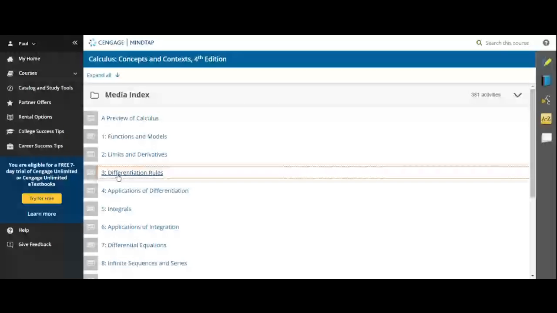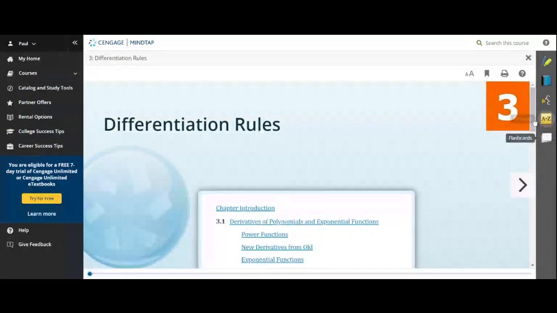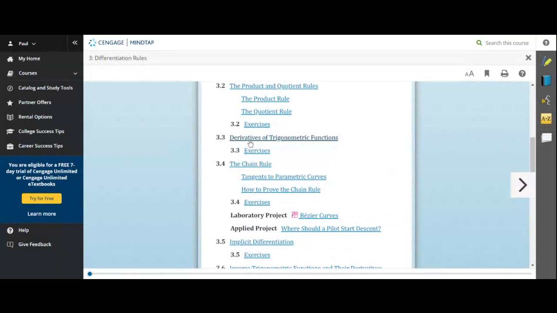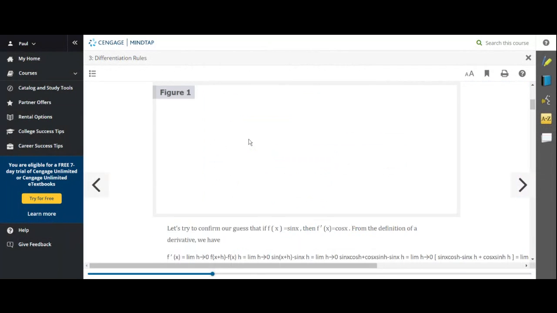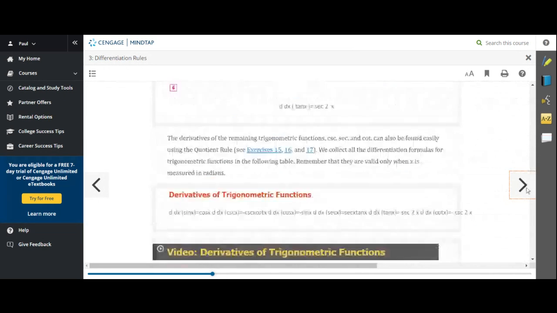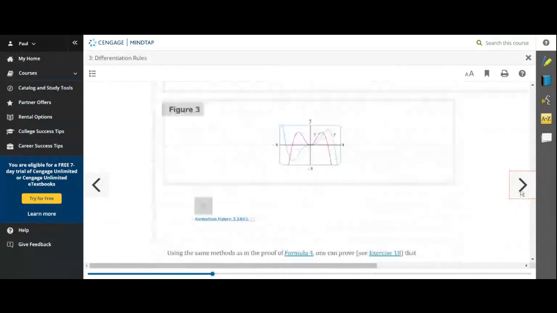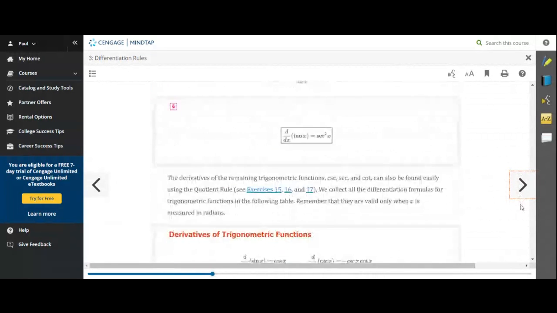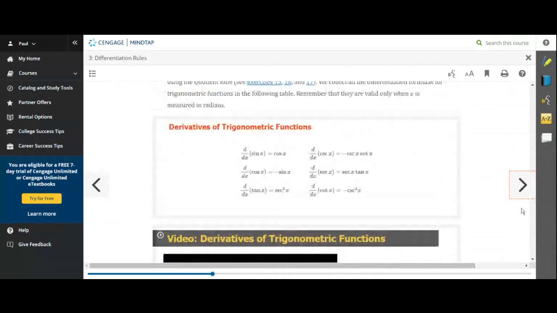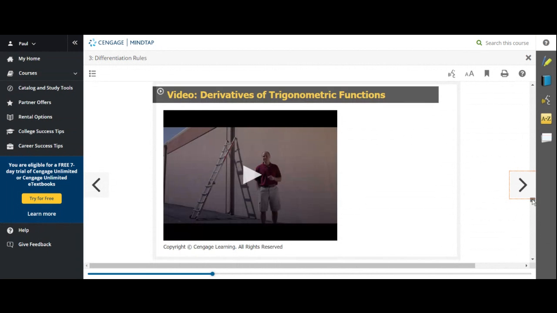Okay, so chapter 3, differentiation rules, and we're doing derivatives of trig functions. I want to get to the third example here. There's that table, by the way, derivatives of trig functions, that I mentioned.